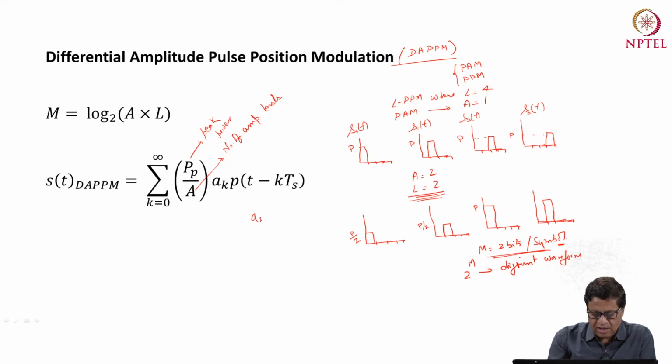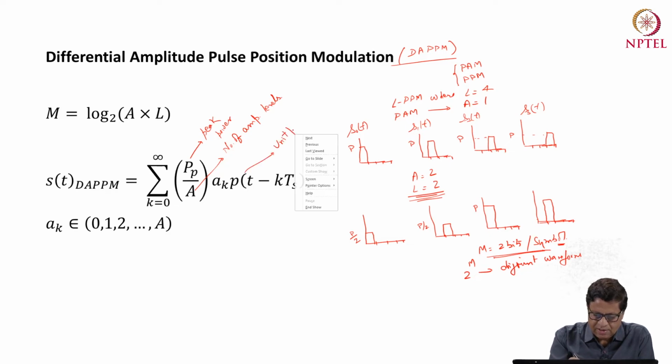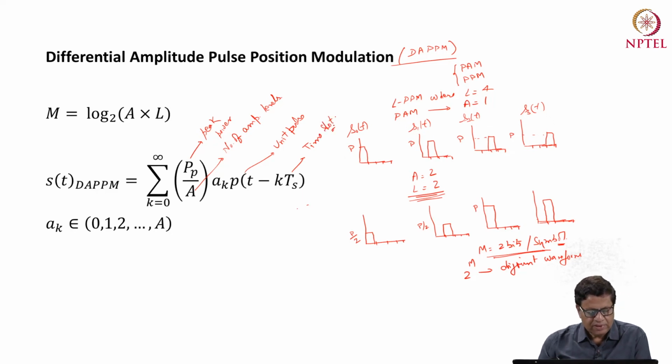And AK can have value from 0 to A, and this is the unit pulse. And this is a time slot. So this is the composite signal which is transmitted using DAPPM.